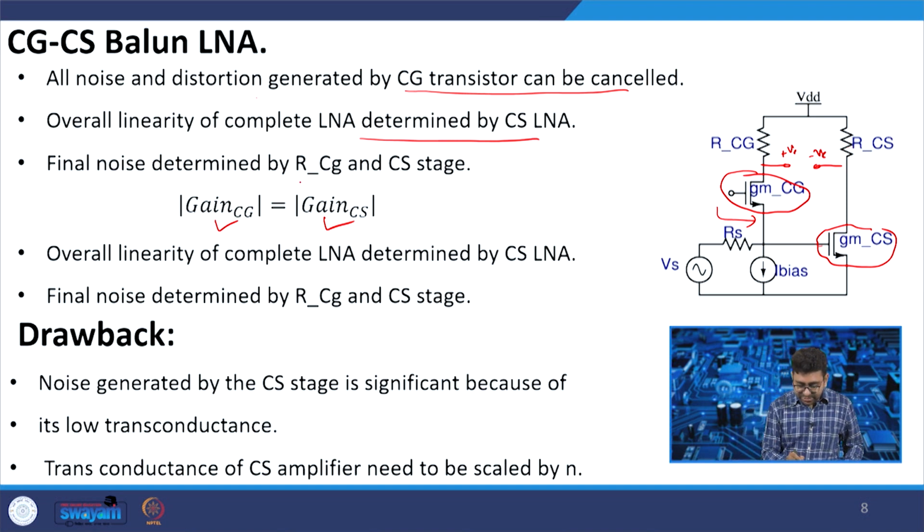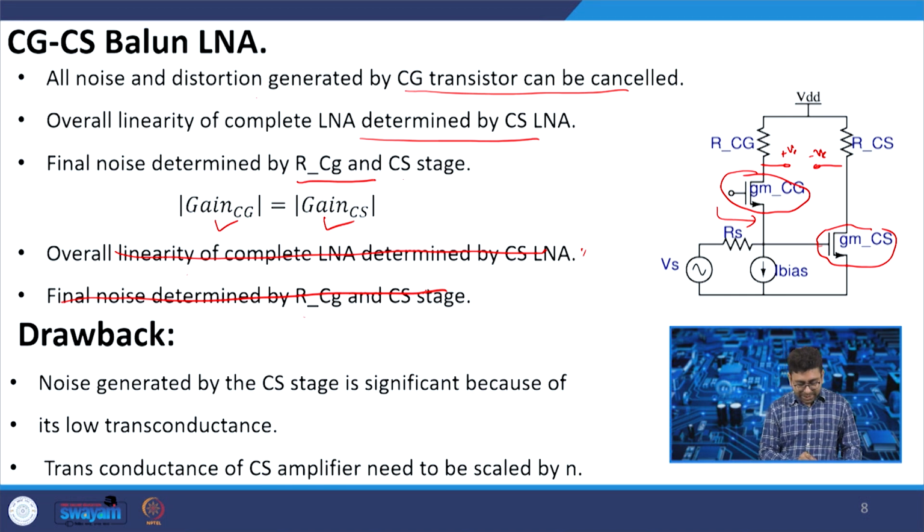Final noise is determined based on the CG and the resistance at the common source side. Gain should be equal, and overall linearity of the complete LNA is determined by this common source LNA. So final noise is determined by both these values.